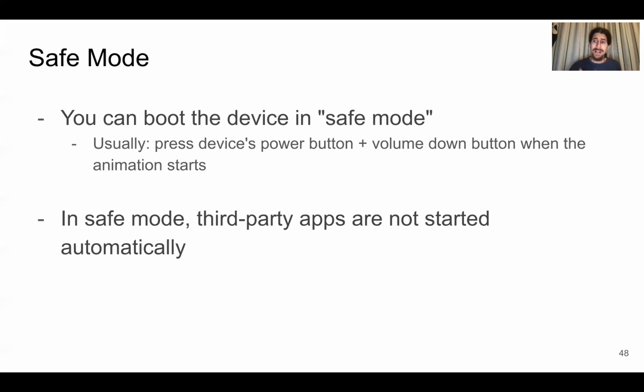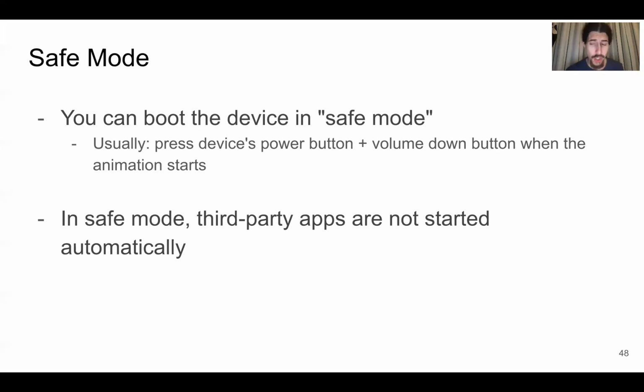So once you start your phone in safe mode, no matter what kind of settings, no matter what kind of on-boot completed trick or other tricks, third-party apps are not started automatically, which means that no matter what, the user is going to have a way to go to settings, go to the specific app, and do force stop.